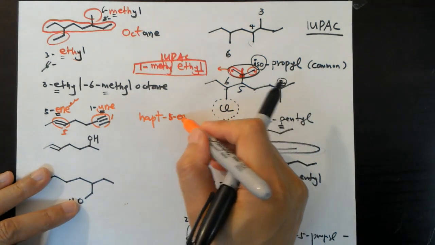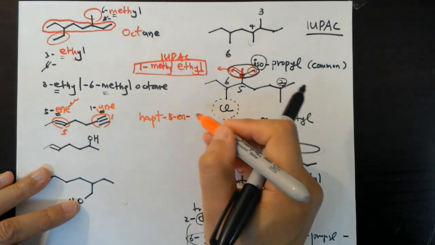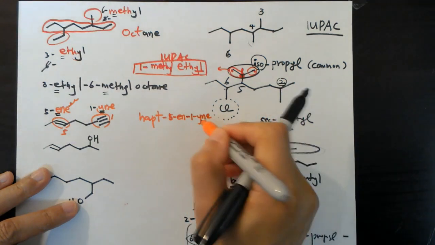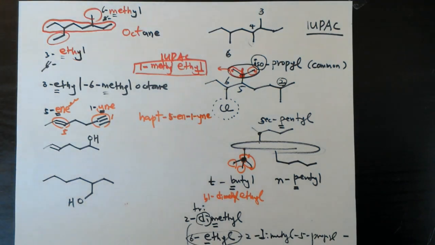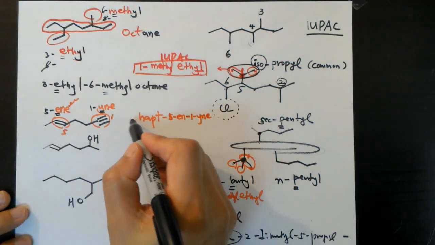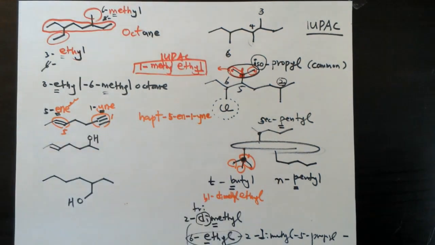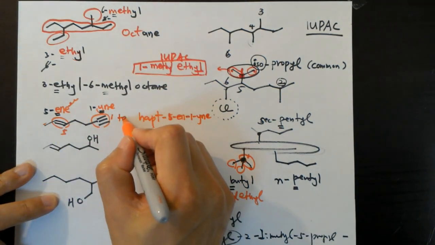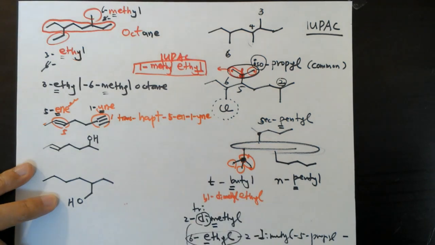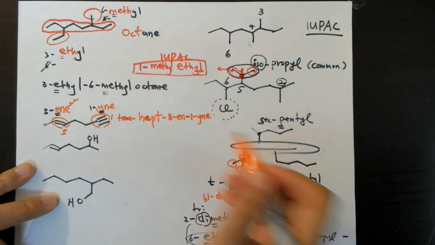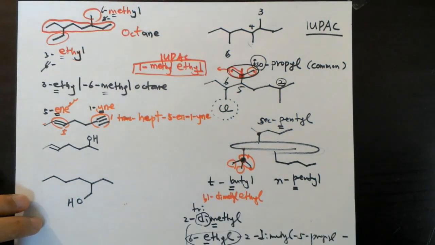So 5 ene and 1 yne. You put E because that's the end. And you can certainly put the double bond isomerism. In this case, there is trans. So trans hept 5 ene 1 yne is the name.